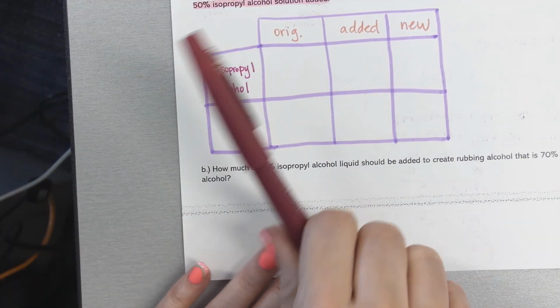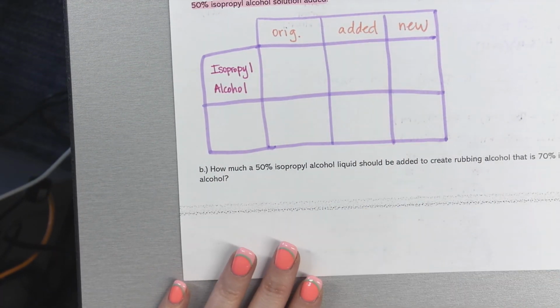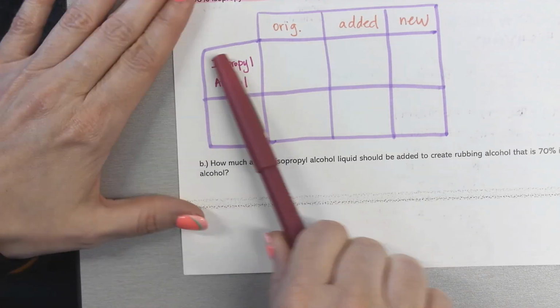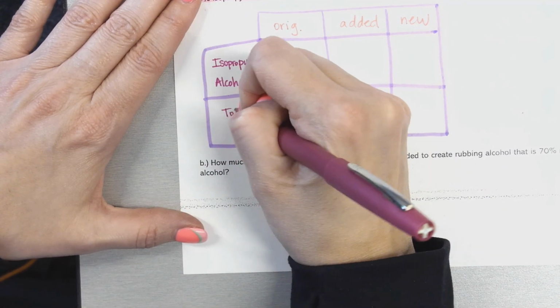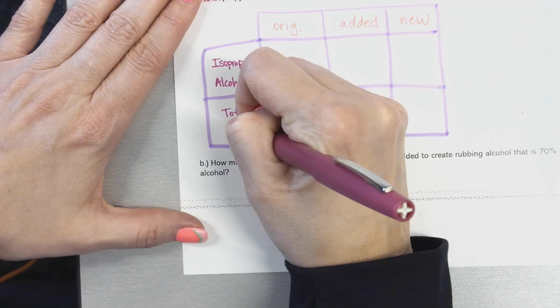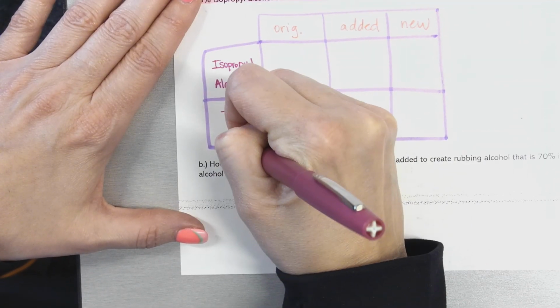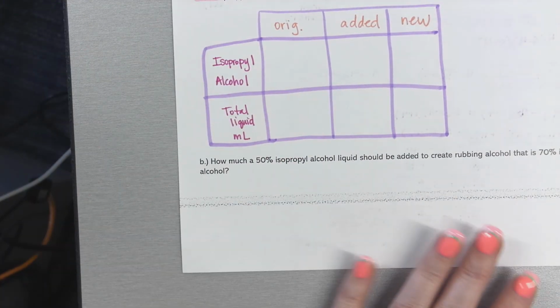Okay, so our columns are original, added, and new. Okay, our rows are isopropyl alcohol, and the total liquid in milliliters.